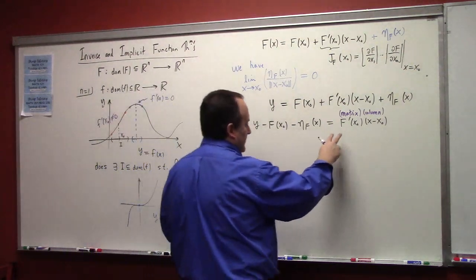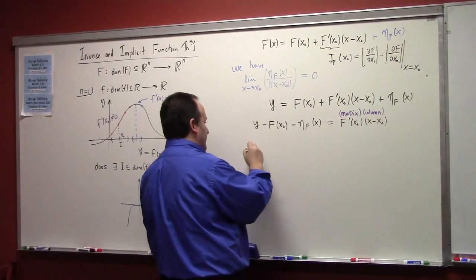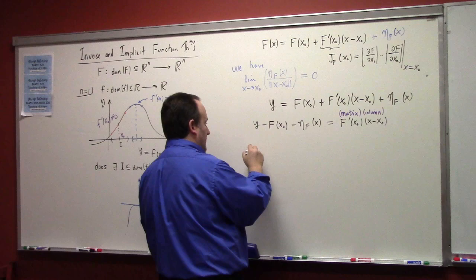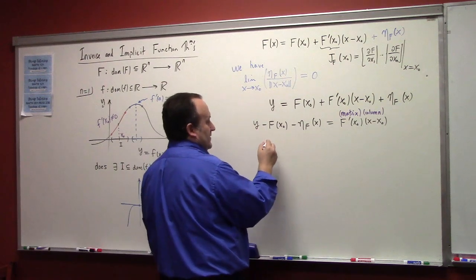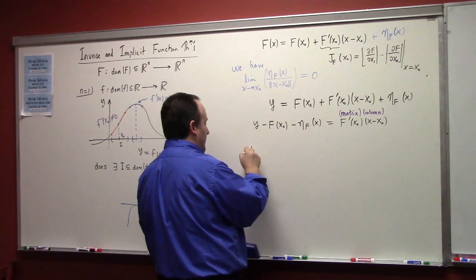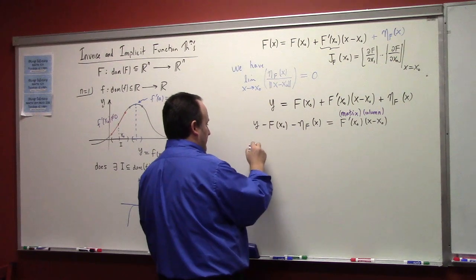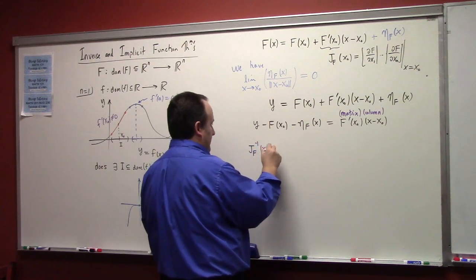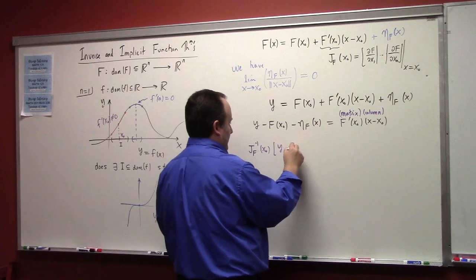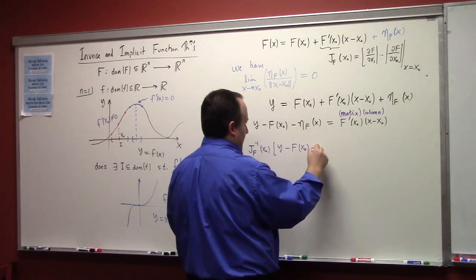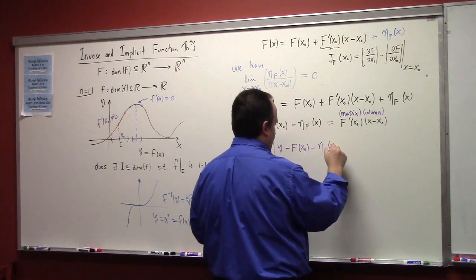So we multiply by the inverse of this. I'll flip back to the Jacobian notation. So we have the inverse of the Jacobian matrix at x naught times y minus f of x naught minus the error term of f.